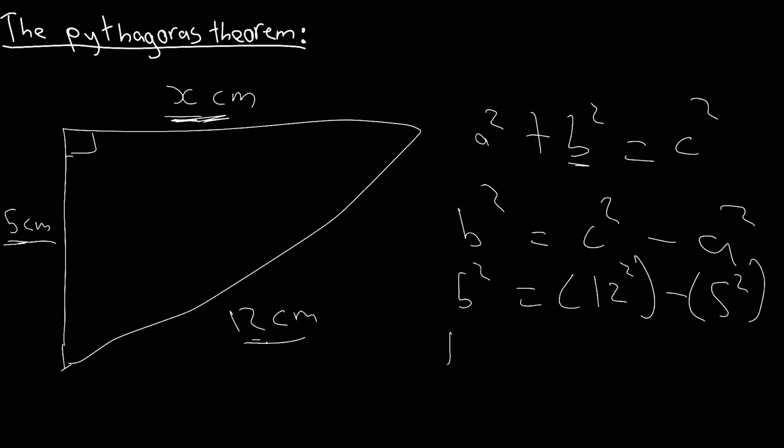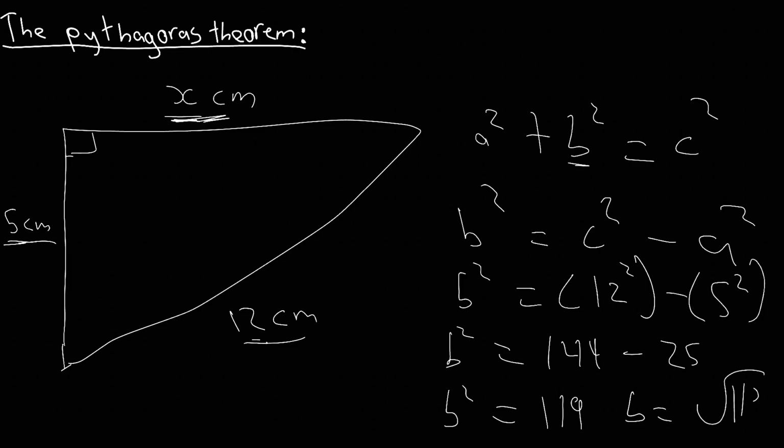So b squared is equal to 144 minus 25, which gives me 119. So my answer is just b equals root 119.